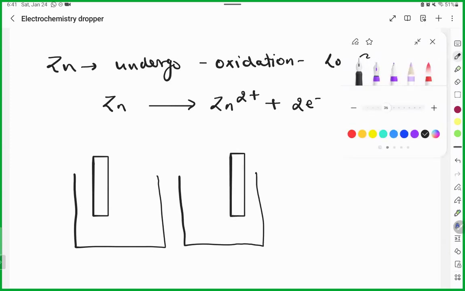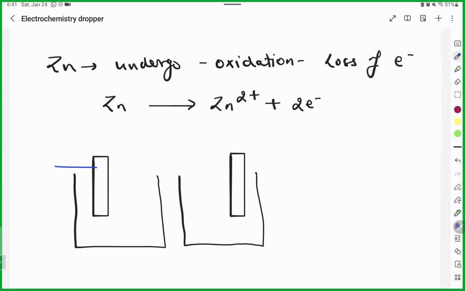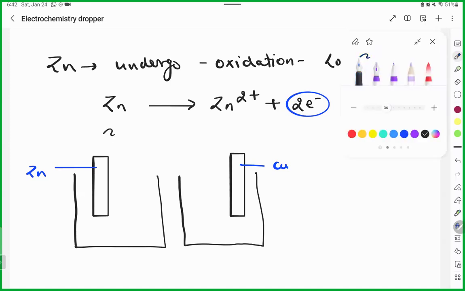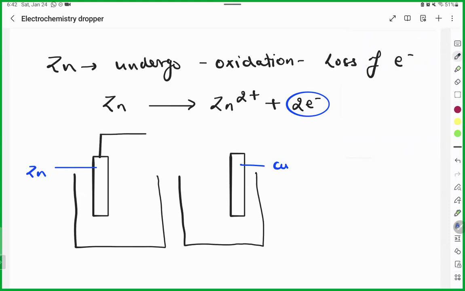In this situation, for example, you will take one zinc rod and one copper rod. You know zinc will undergo oxidation and lose two electrons. So electrons will move from the zinc to the copper.